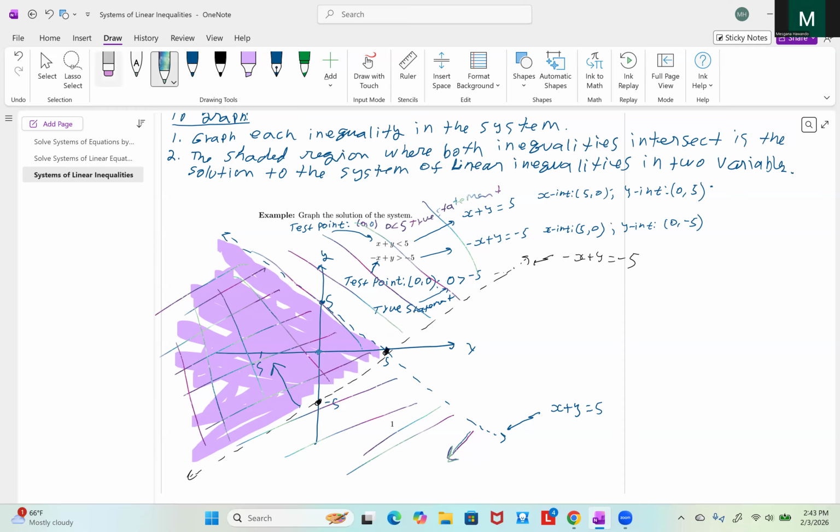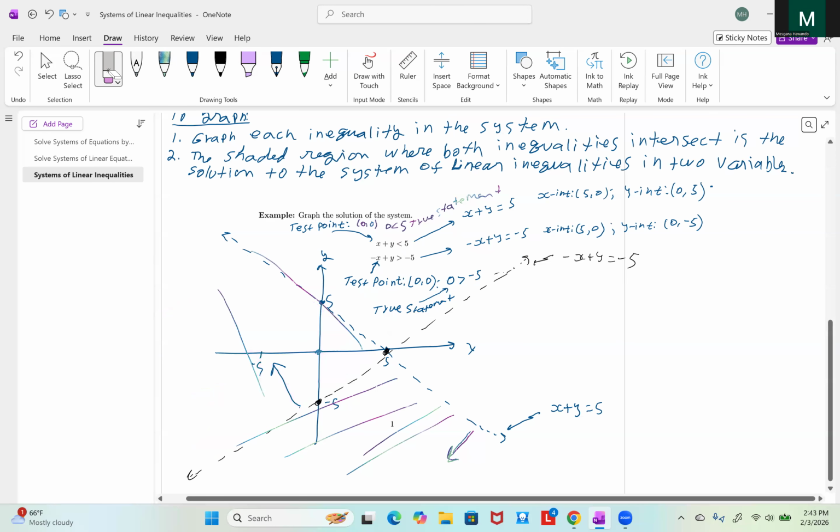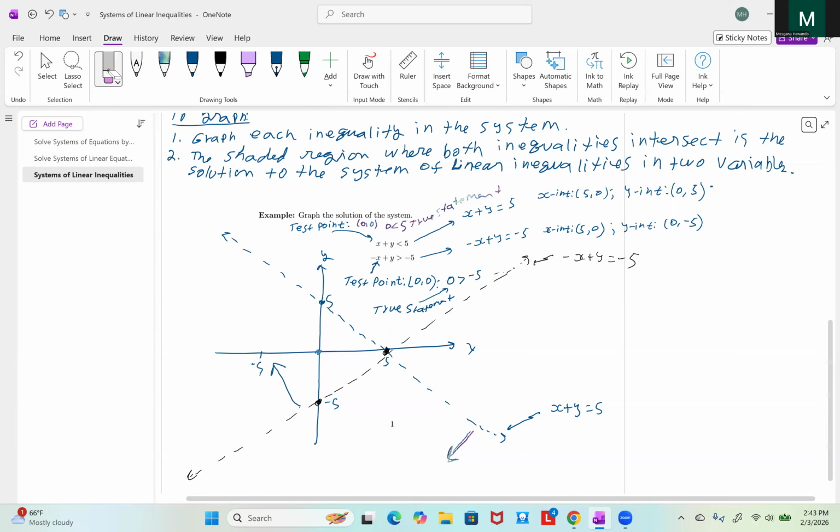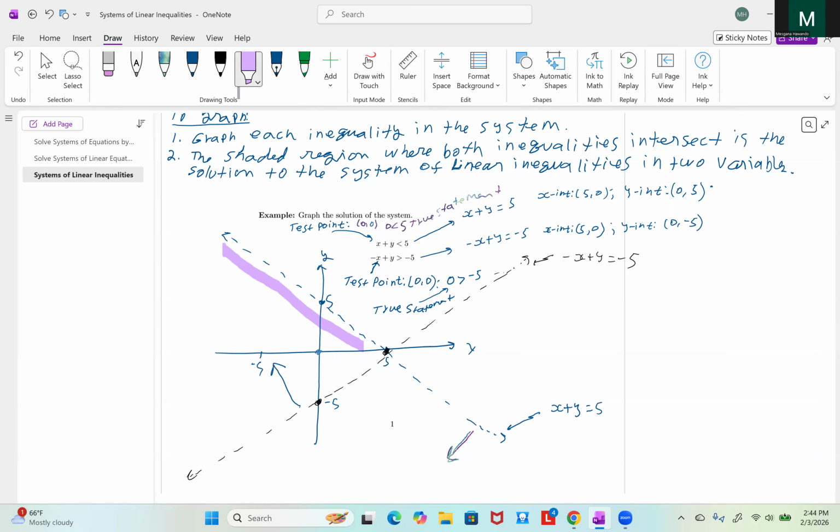So that will be the region where the two intersect. Just to remove details, we didn't put it here. So the region where both intersect is this region here. This will be the region that we would shade.